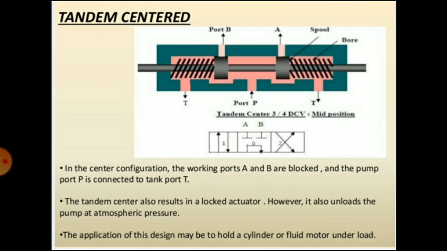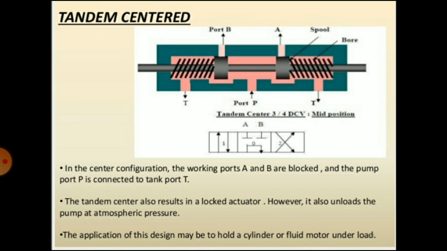And the next center position of the 4 by 3 DC control valve is tandem center. The tandem center incorporates the advantage of the open center valve as well as eliminates the drawback in a closed center valve, that is excessive heating. It has internal holes in the spool to keep connection between pump and the tank port.